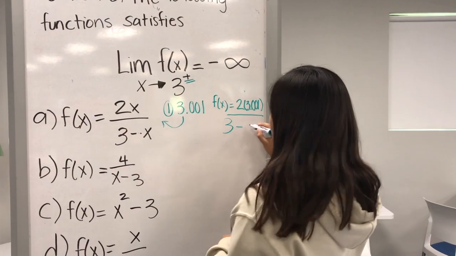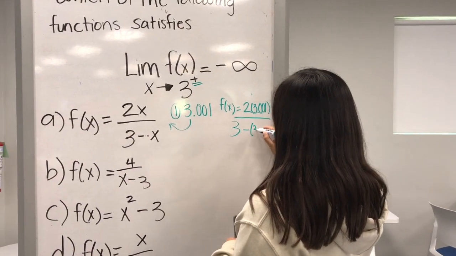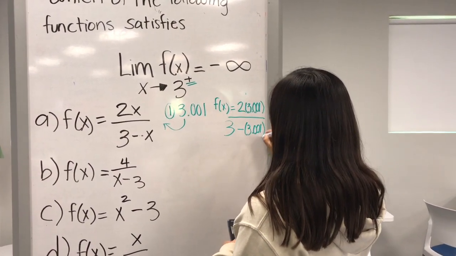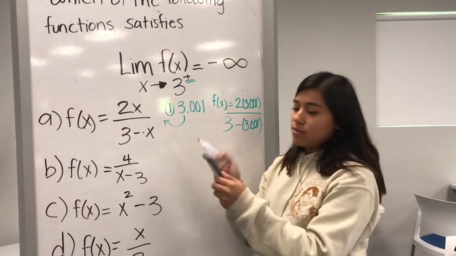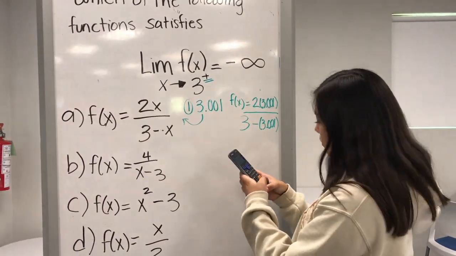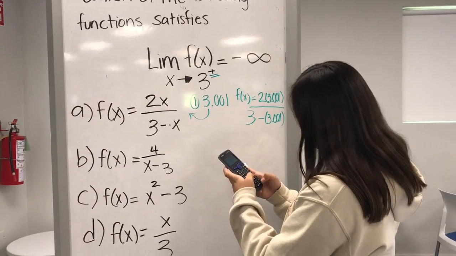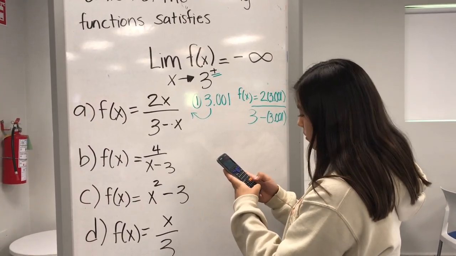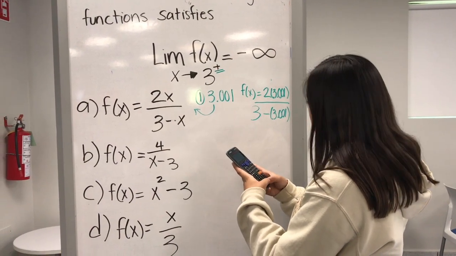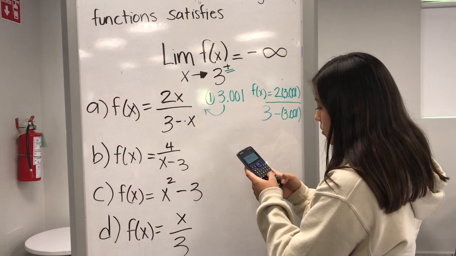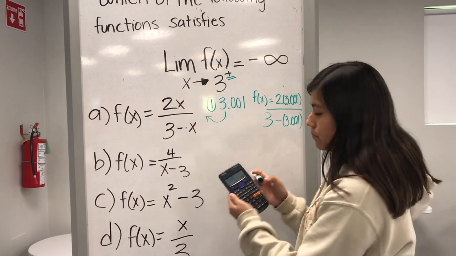So now we're going to rewrite the function and write 3.001 in the x's. So f of x is equal to 2 times 3.001 over 3 minus 3.001. Now all we have to do is plug it in the calculator to see the answer.